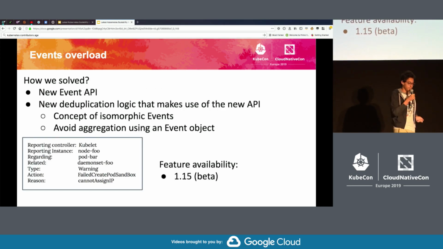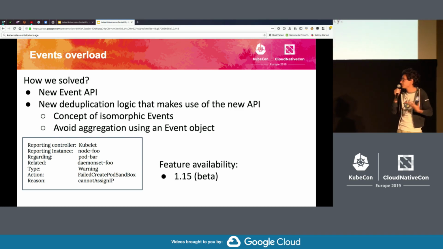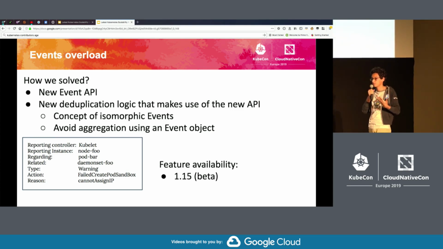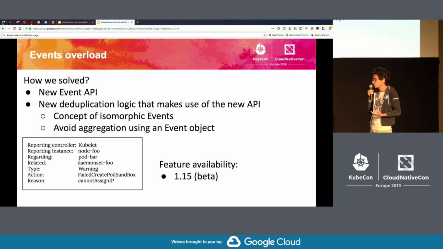The way we solve this is we introduced a new events API, and with this new events API, we introduced a new deduplication logic. This logic introduces a concept called isomorphic events.